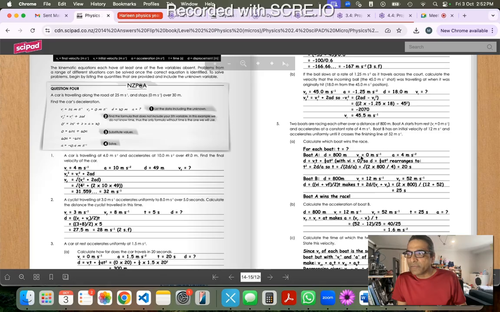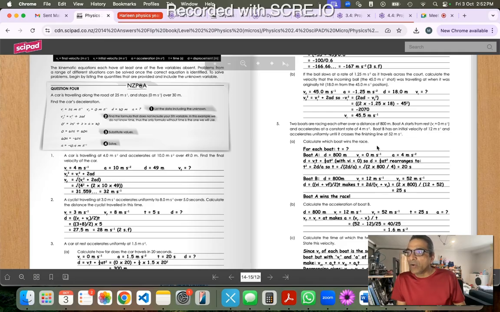And the difference is they have initial velocity, and for boat A we have acceleration, and for boat B, we have final velocity, right?